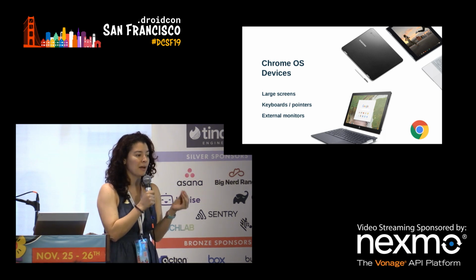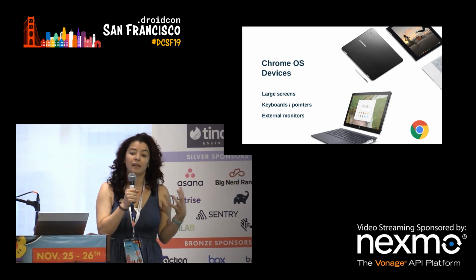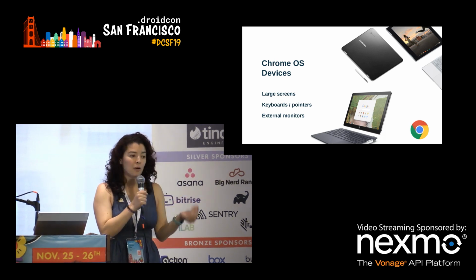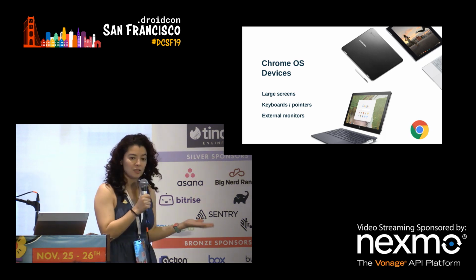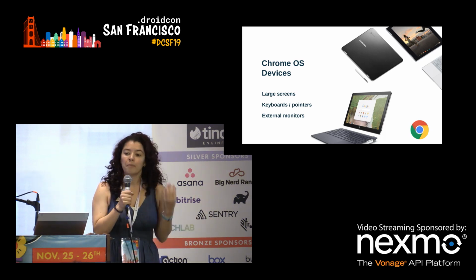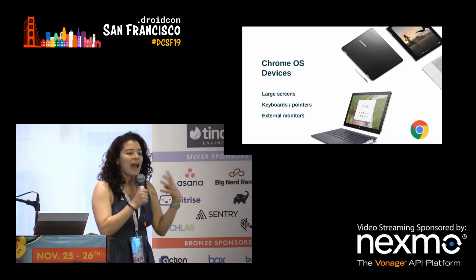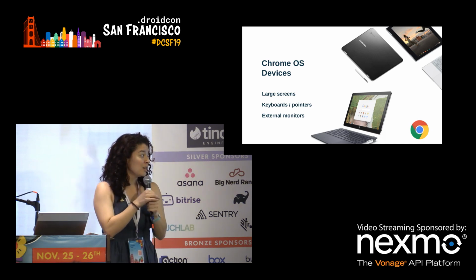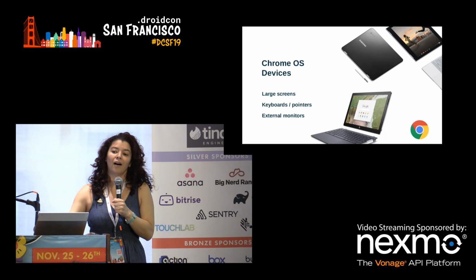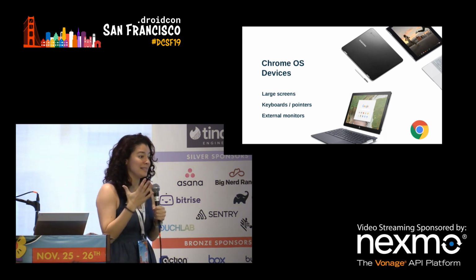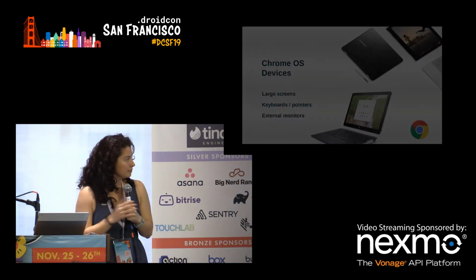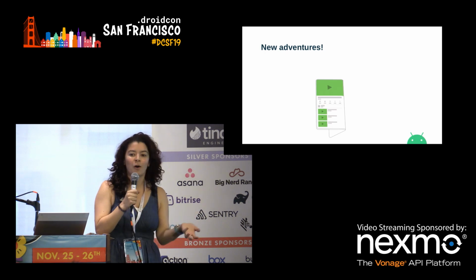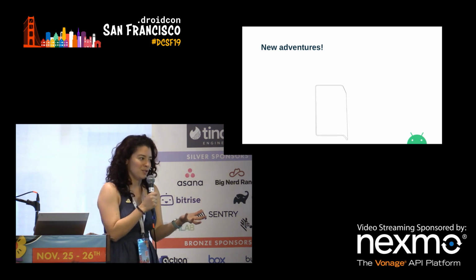We have a huge amount of form factors that use Chrome OS. Chrome OS devices have large screens, keyboards, pointers, stylus, and external monitors. And this brings us to whole new things that you can do with this type of devices. And we, as a whole, are experiencing new adventures.